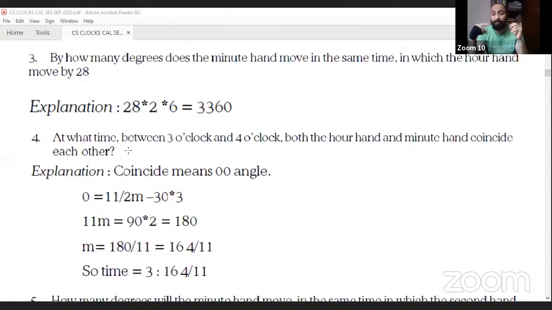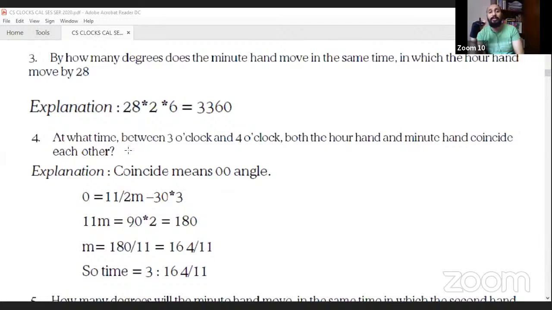Yes or no? Because for every 1 hour they will make one full rotation. So 28 degrees it has moved. That means 12 times they will move that. Yes or no? 12 times extra they will be moving. Is this clear? So if the hour hand has moved 28 degrees, then 12 times the minute hand would have moved.